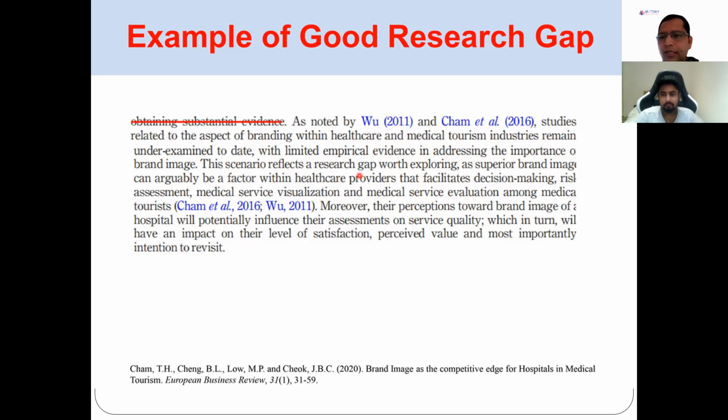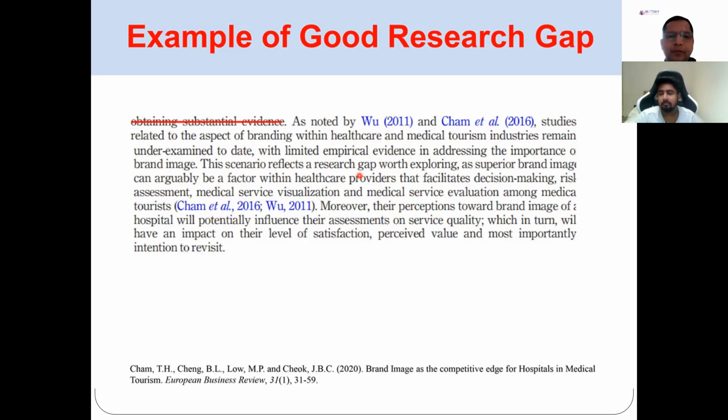That was the target of the research. And if you read the whole article, they have given some statistics and facts that yes, with tourism and the branding, the hospitals can actually make more money, right?